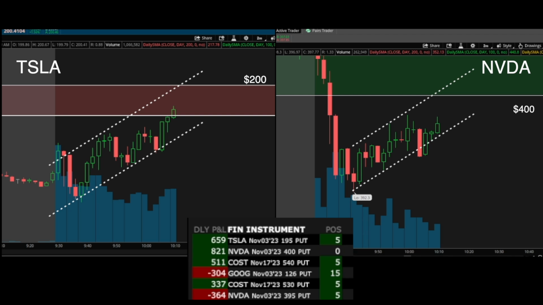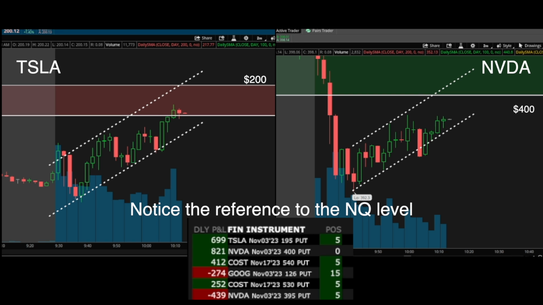If this Tesla candle wicks back under 200, I'm very interested still. I want to see this 200 reject on Tesla, which it is very nicely right now, which I'm very happy about. I still like it. 14.4 is rejecting on the NASDAQ, which is very clear. That's the supply that we were watching. 14.4.